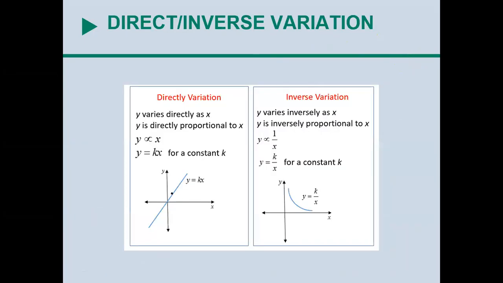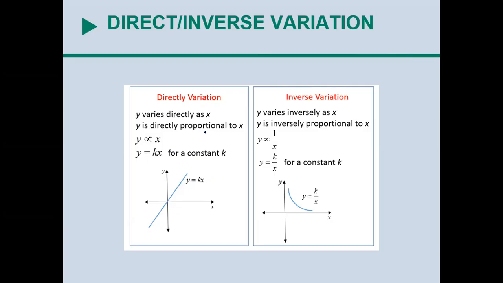All right, variations. So we have direct and inverse variation. Our linear equations are an example of direct variation, okay? Y varies directly as x. So what that means, as you're reading it, is that there's a constant that you multiply by to get your linear equation.